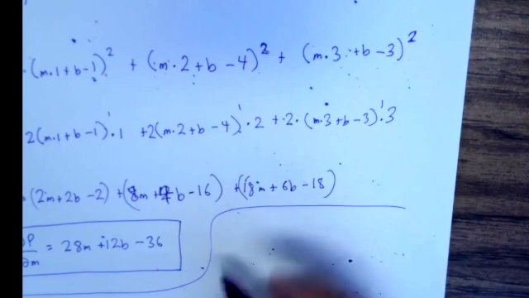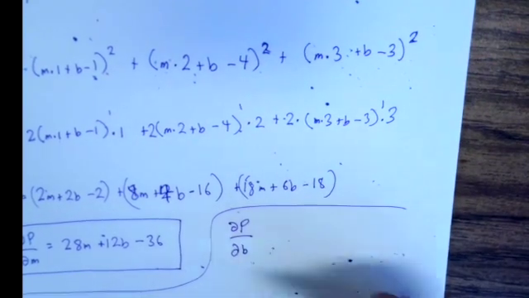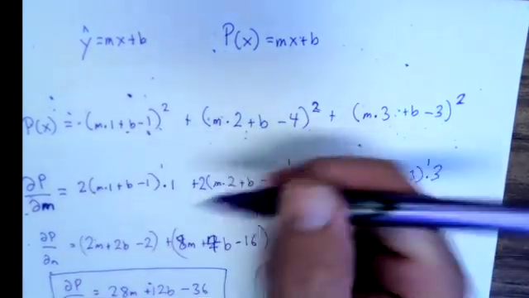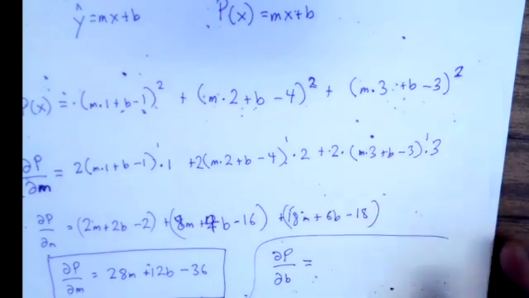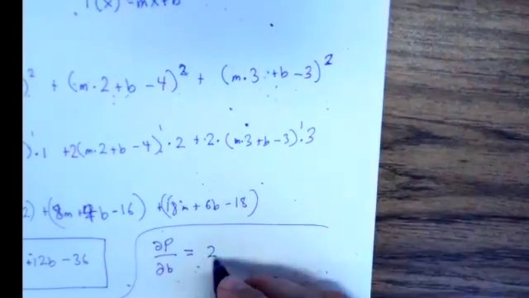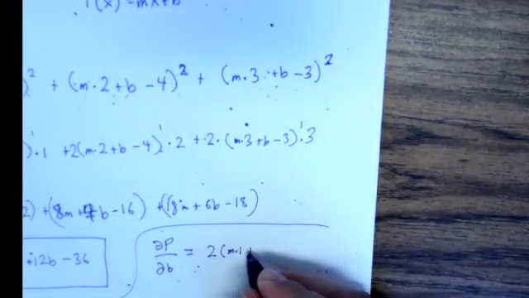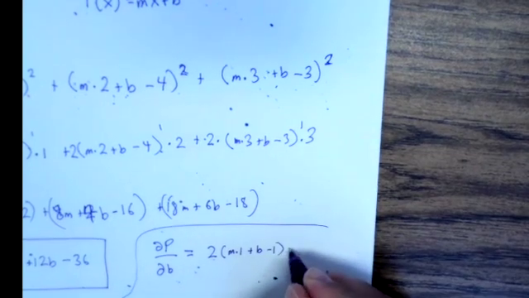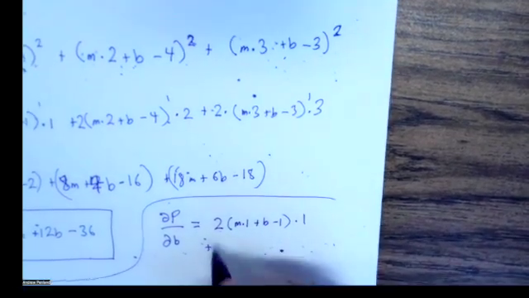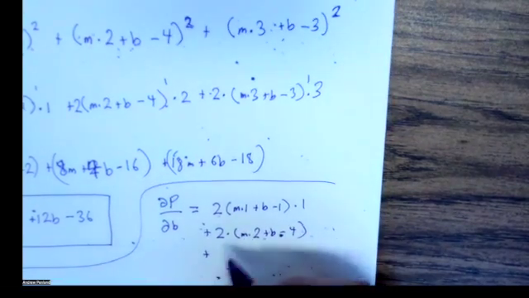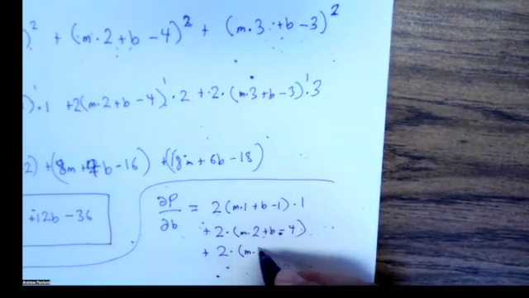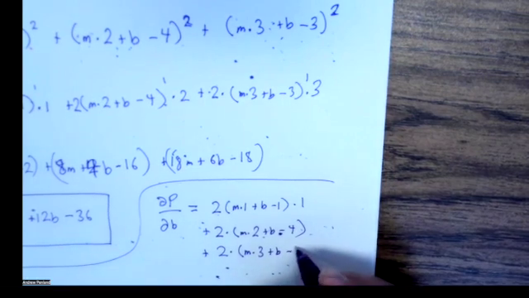Do you agree? Let's do partial p partial b, which will basically be the same thing, except we'd be multiplying by the coefficient on b, which is just 1. So I'm going to have 2 times (m times 1 plus b minus 1) times 1, plus 2 times (m times 2 plus b minus 4), plus 2 times (m times 3 plus b minus 3).